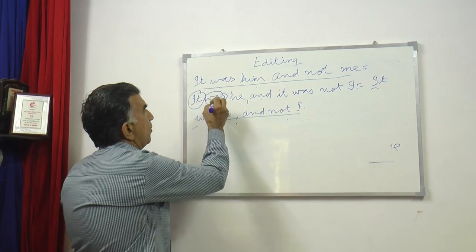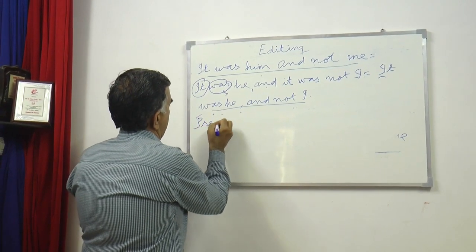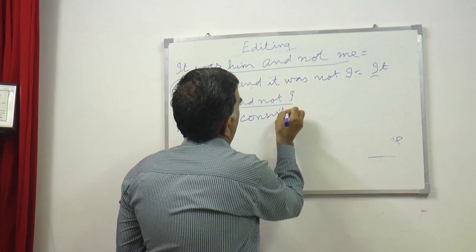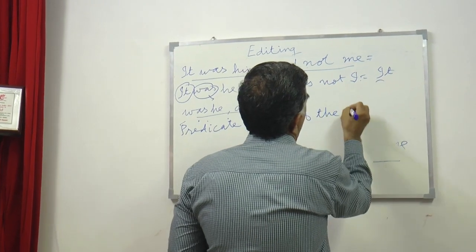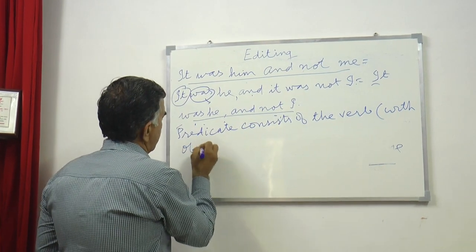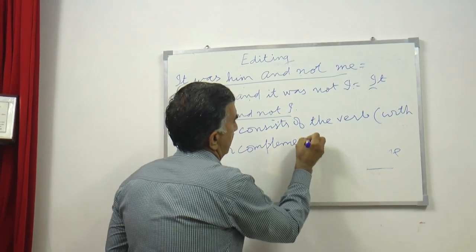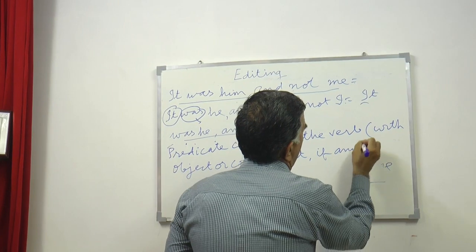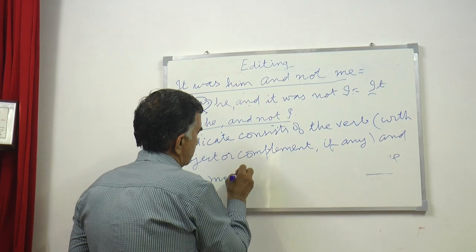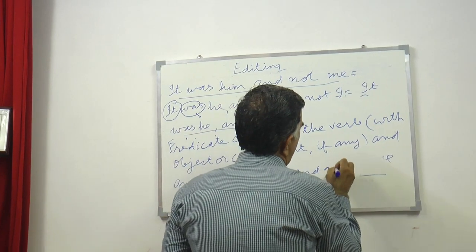Predicate expresses the action or condition of the subject. It consists of the verb with object or complement, if any, and any modifications and qualifications.